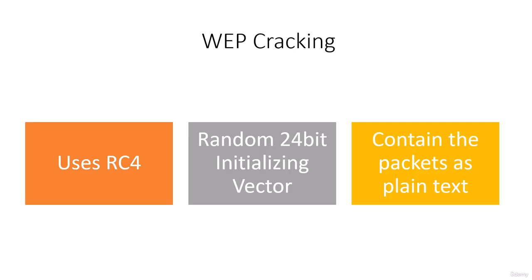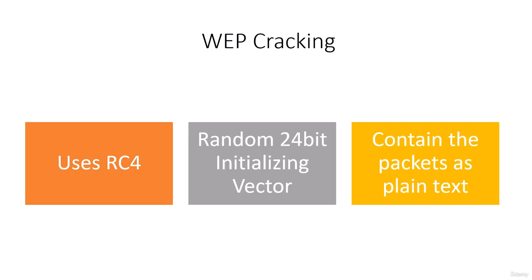So the initialization vector is a 24-bit random value sent in each packet as plain text. In a busy network we are going to have a very large number of packets, which means the unique IVs will be exhausted, and we will be able to sniff all those packets and collect the ones that have the same initialization vector.